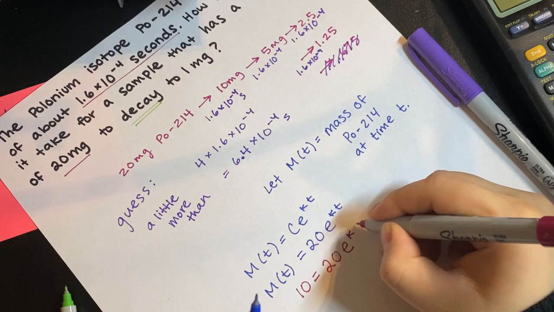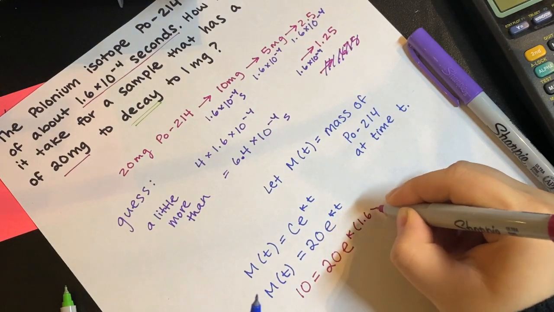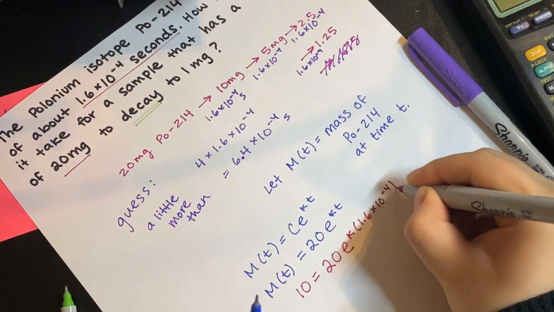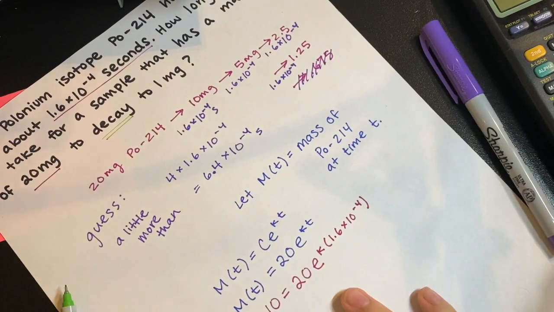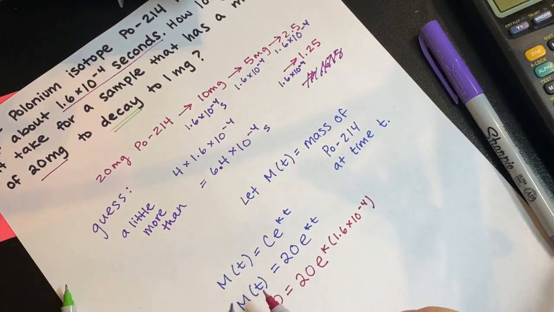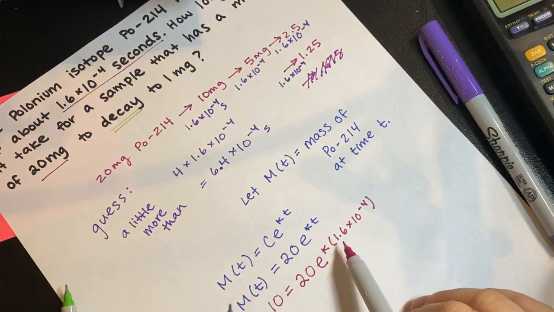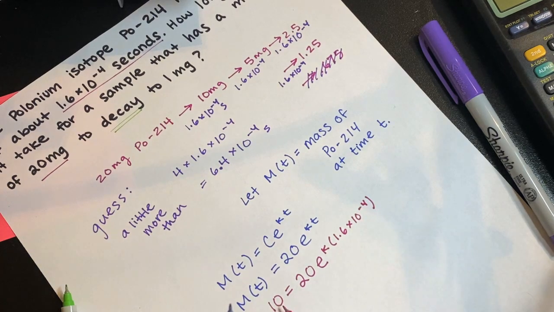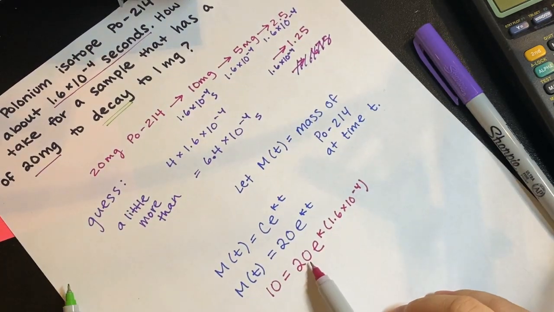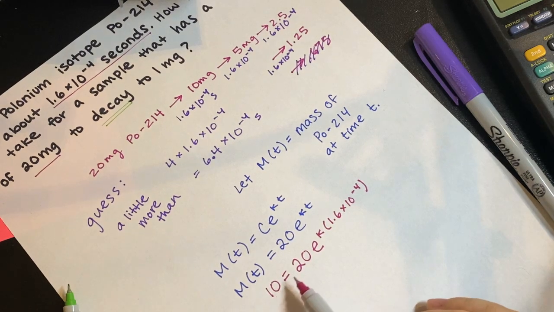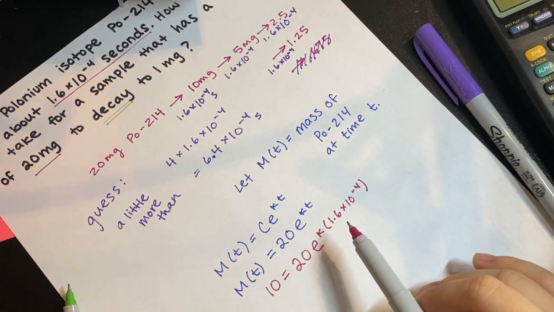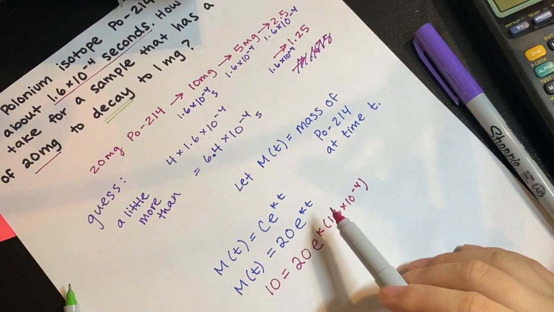So k times 1.6 times 10 to the negative 4. In other words, after 1.6 times 10 to the negative 4 seconds, my initial 20 will now be 10. So I'm plugging in that information so that I can then solve for k.